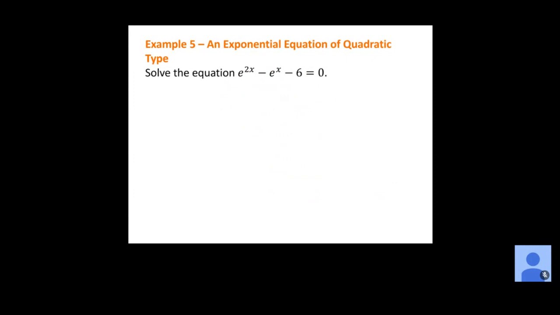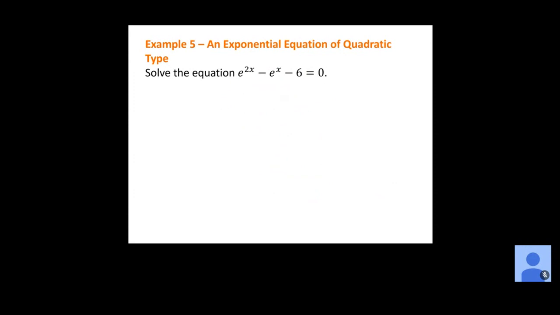Okay, so one side is 0, right? So it is set equal to 0. That's one thing that's different. What else is different? Okay, it decreases in the exponents.